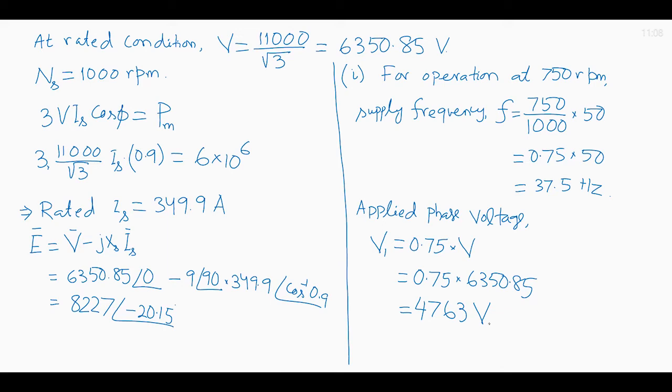The reactance is also different now, so it is XS1, that is 0.75 times 9 ohm, the reactance at rated frequency. So it is 6.75 ohm.